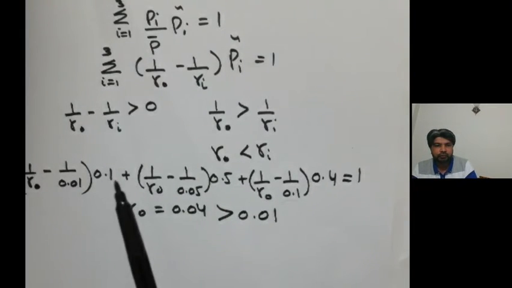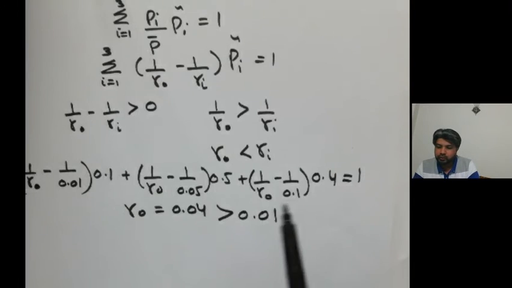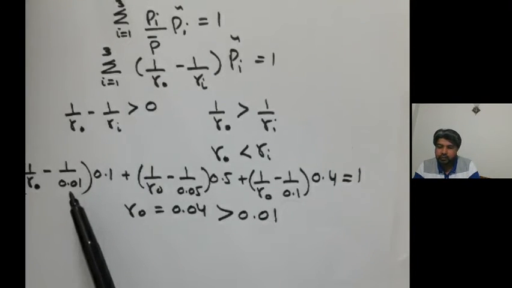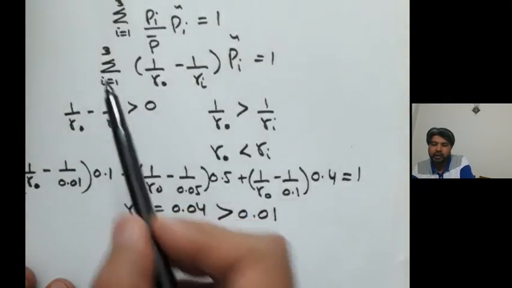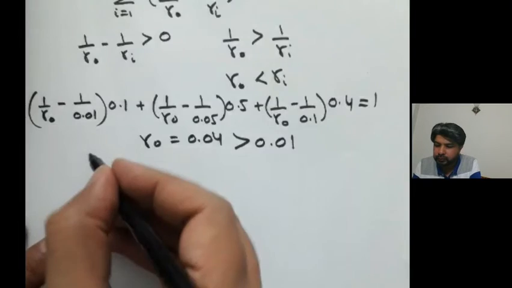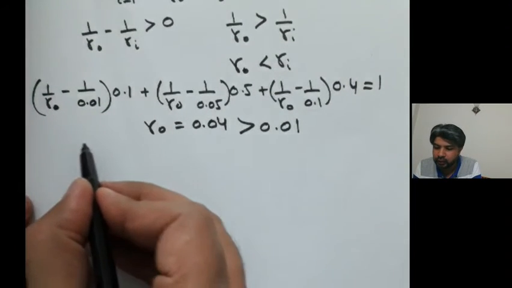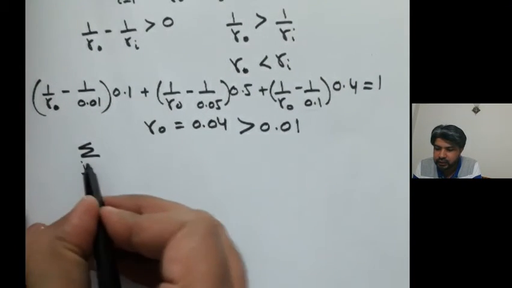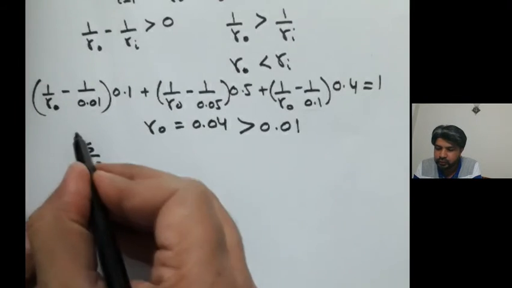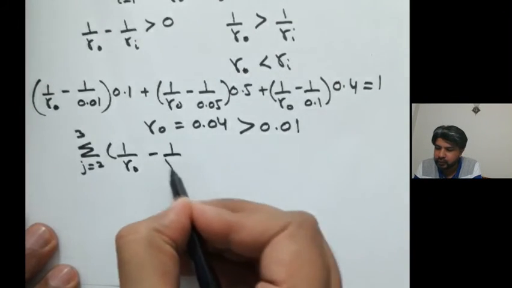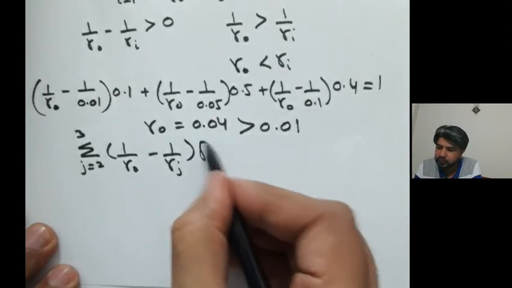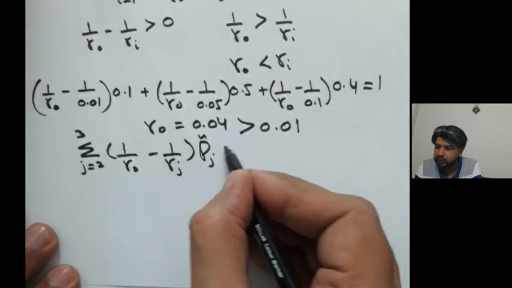The logical step would be that we would not make use of this state, which is the lowest state. So if we don't use this state, we would only use the states i equals 2 and i equals 3. That means now let's try to compute gamma naught. Summation j equals 2 to 3, 1 over gamma naught minus 1 over gamma j times pj tilde is equal to 1.